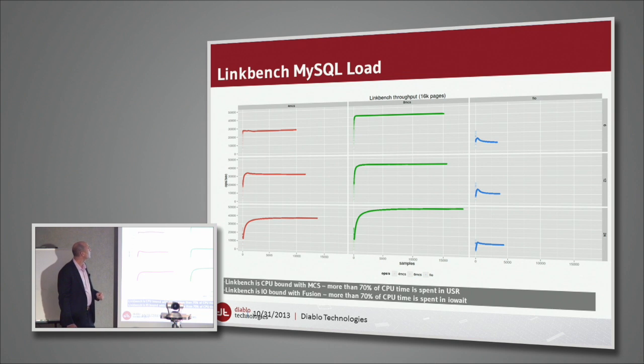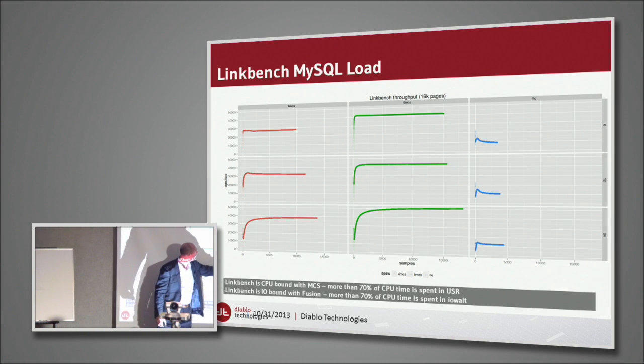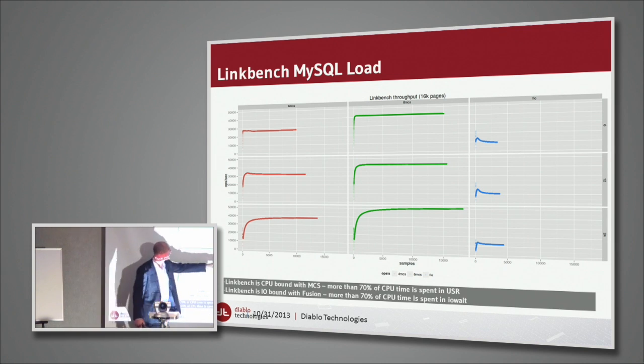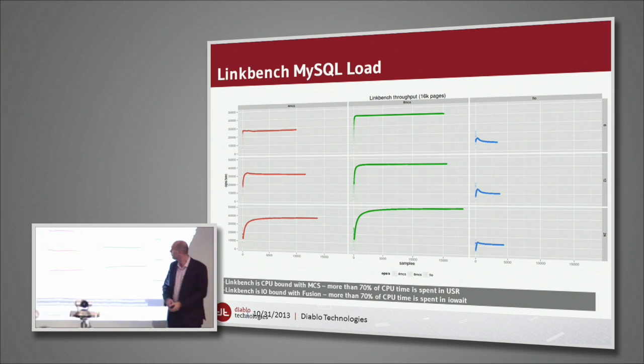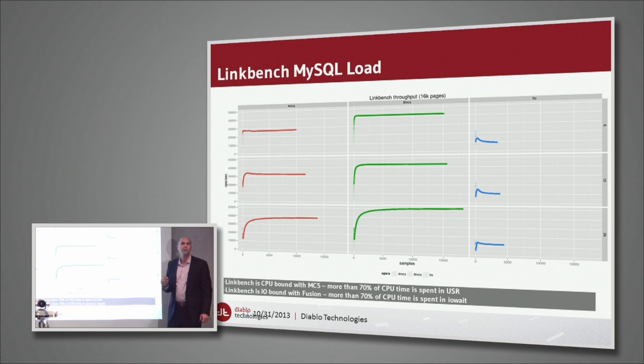This is pretty amazing. What this is showing is the 4 DIMM case and the 8 DIMM case, and this is the Fusion card. So the ones you want to compare from a capacity perspective are this one and this one. This is the number of transactions per second executed by the database in the same snapshot of time.